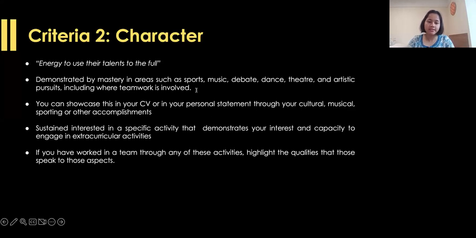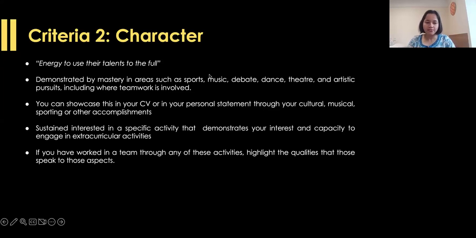For example, things like sports, music, debate, dance, theater, any kinds of artistic pursuits, including those where teamwork is involved. And you can highlight these kinds of pursuits in your CV or in your personal statement. These don't have to be limited to your college or your academic institutions in the past, but can be from many different places, your cultural engagements, musical, sporting accomplishments, and so on.